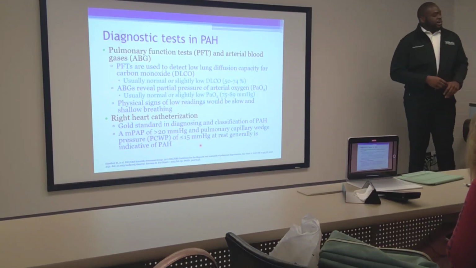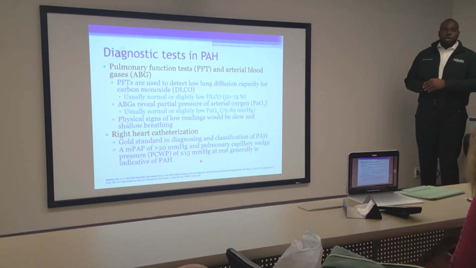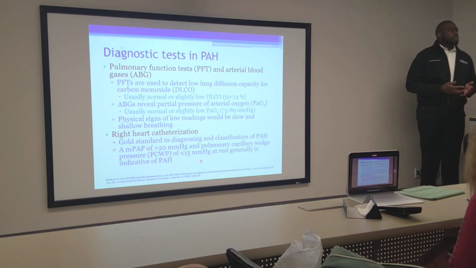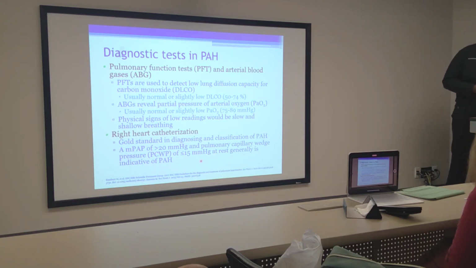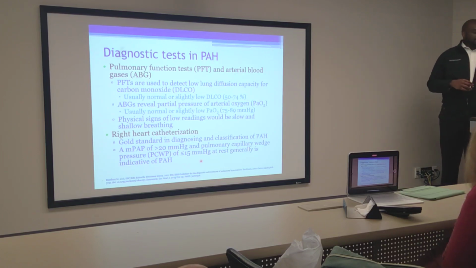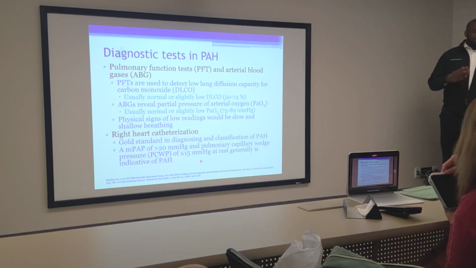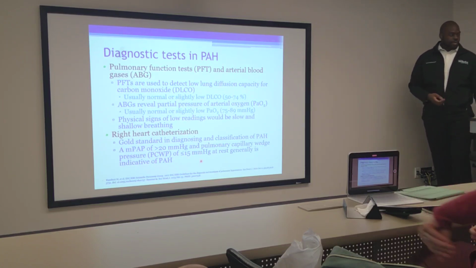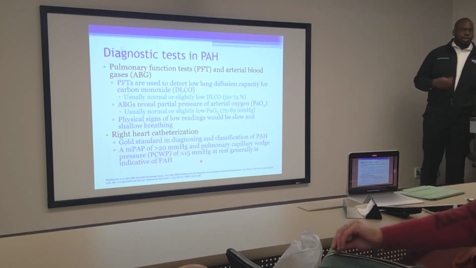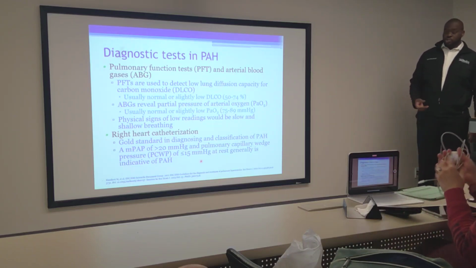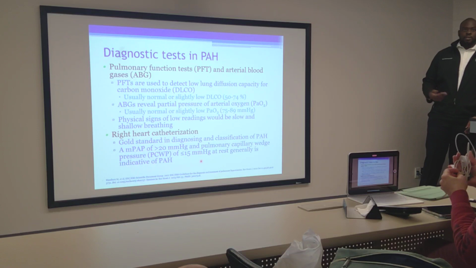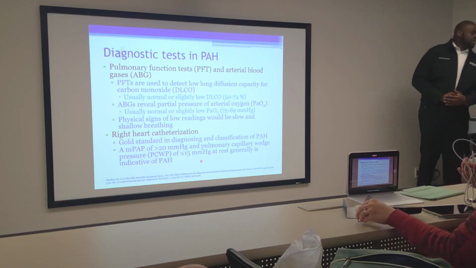Physical signs of low readings include shallow breathing as well as slow breathing. If a patient had a DLCO of like 55, we'll see that with their breathing, the shallow breathing, and they will also definitely have shortness of breath. So you can see that from a clinical standpoint.